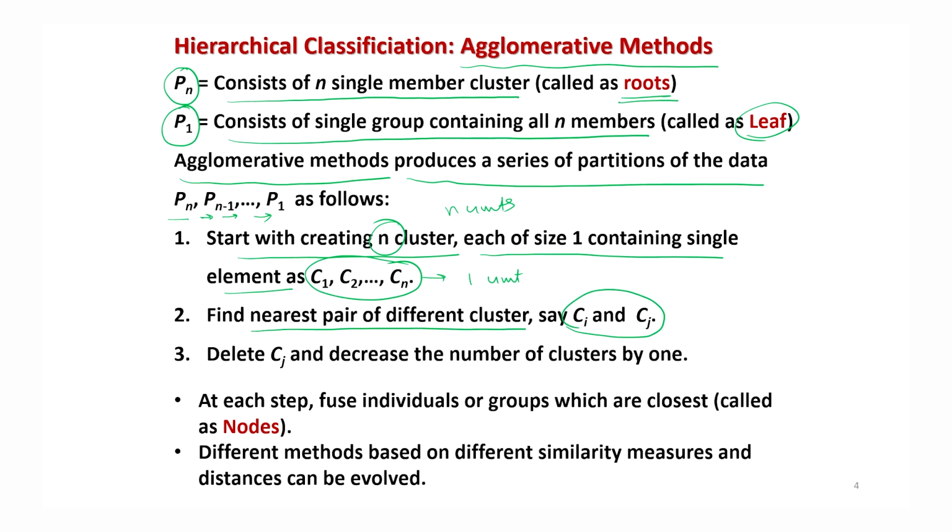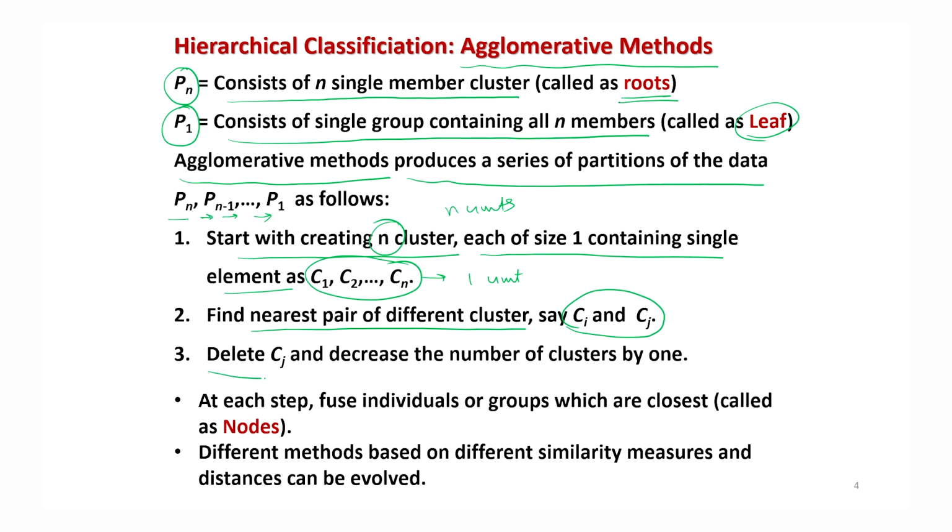Now, the question is how you can get it done. If you try to recall, in the last lecture we talked about different ways by which you can measure the distances, right. For example, Euclidean distance, Canberra distance, metric distance, etc. So, you can use any of those distances to find the nearest pair of clusters. Now, I make one cluster of Ci and Cj.